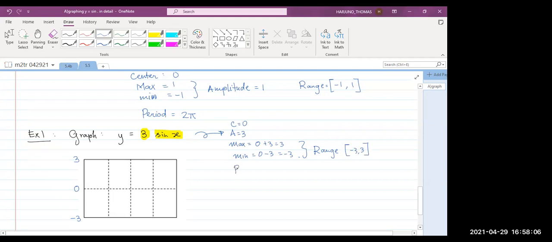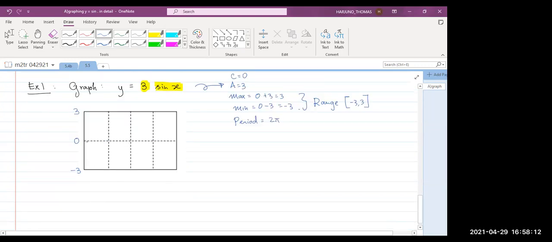The period is still the same, still 2 pi, which means you start from x equals 0, you finish one period at 2 pi. This is pi over 2, 3 pi over 2. That's the graph of sine.